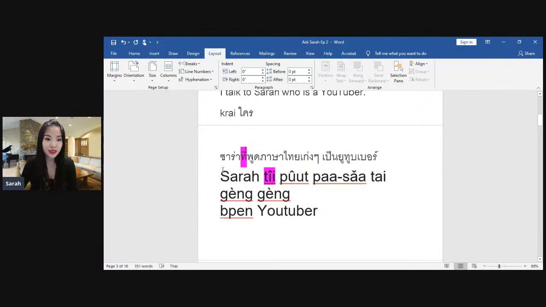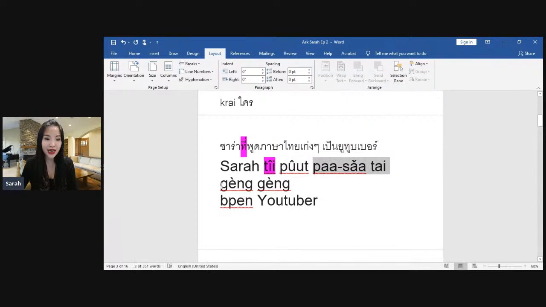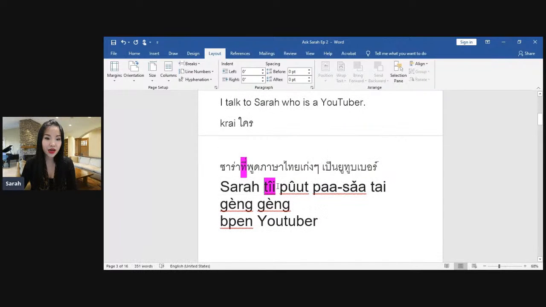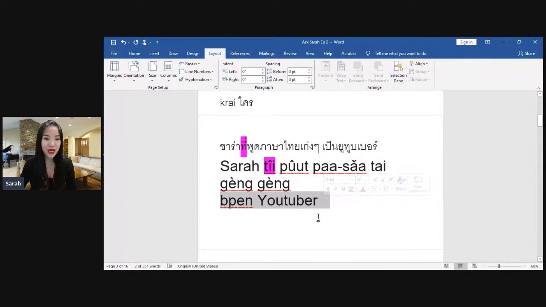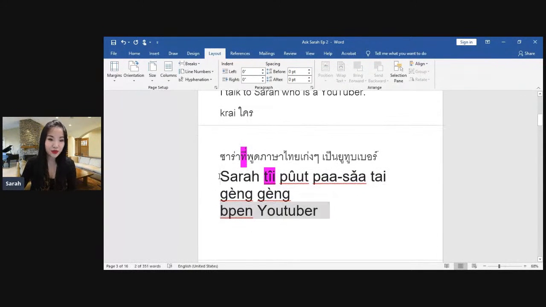Okay, Sarah ที่พูดภาษาไทยเก่งๆ เป็น YouTuber. Sarah who speaks Thai language very well, hopefully, is a YouTuber. Okay, so basically the structure is Sarah who is, this is the clause, right, that modifies Sarah.